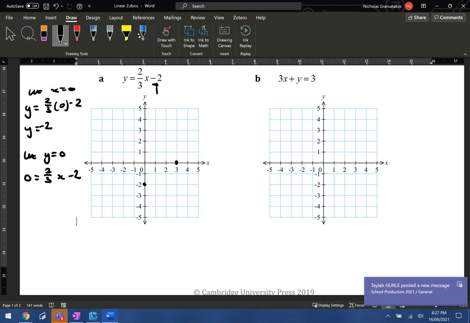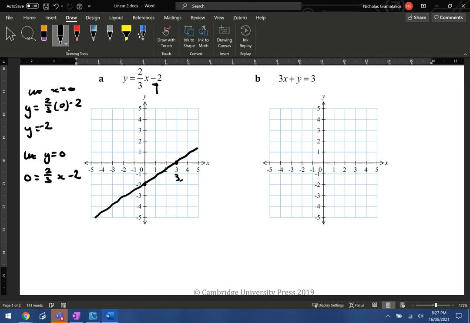And we are then just drawing a straight line through our 2 points. Oops. You will use a ruler, but I currently won't be using a ruler on my computer screen. And labeling those points in. So that would be 3, 0, and that will be 0, negative 2. Beautiful.